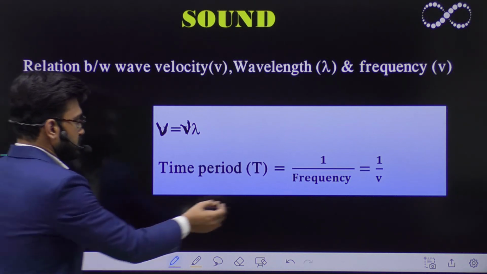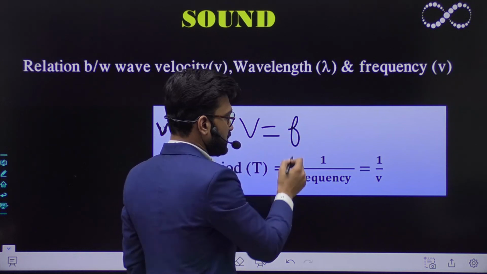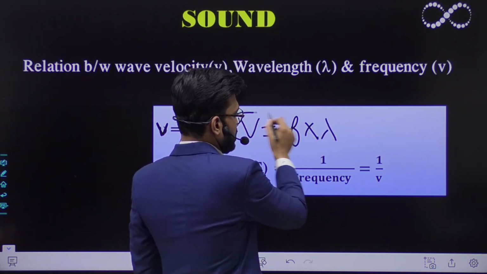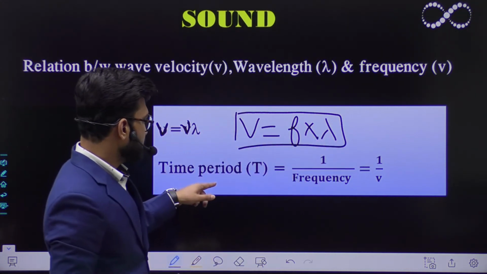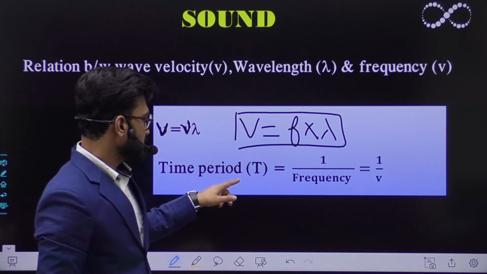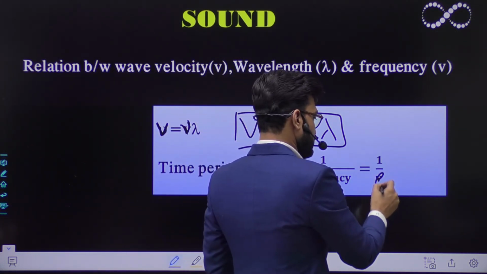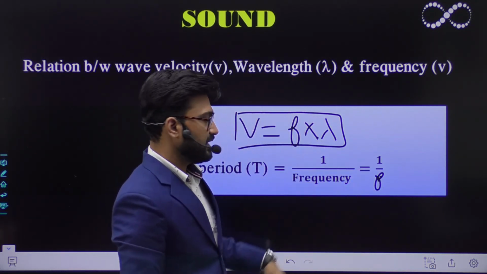This relation is very important. Sometimes it is also written as v equals frequency multiplied by wavelength. Wavelength is in meters and frequency is in hertz. You must also remember that the time period is given by 1 by frequency, so you can write it as 1 by f or 1 by nu.